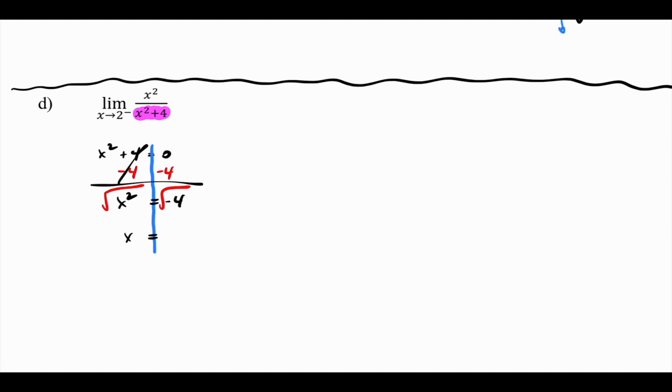What's the square root of negative 4? There is none, right? There is no real number. It's imaginary, and I told you from the very beginning, imaginary numbers we don't deal with. So for this problem, there is no vertical asymptote.